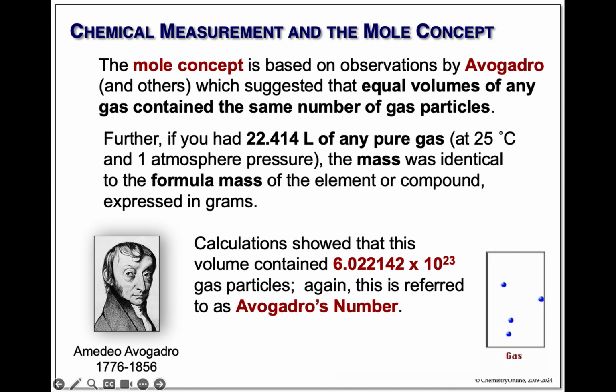Further, if you had 22.4 liters of any pure gas, the mass of that gas matched the formula mass of the element or compound. Now, that was even more surprising. And this is the fundamental thing that allows us to do quantitative calculations in chemistry. The number 6.02 times 10 to the 23rd is called Avogadro's number.